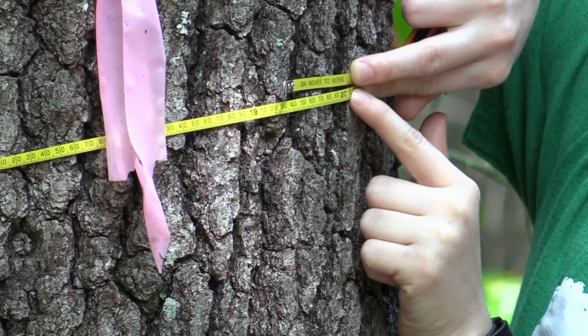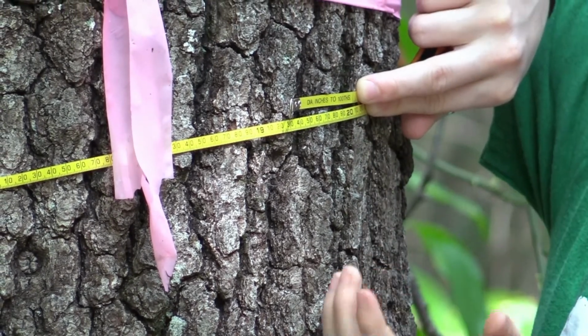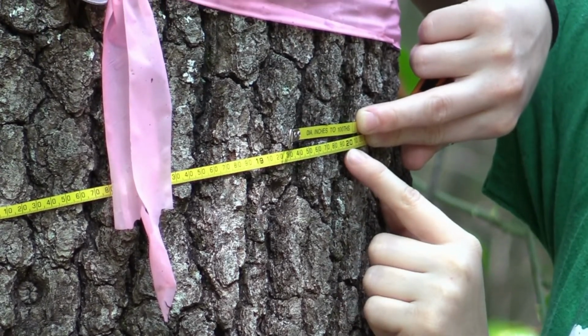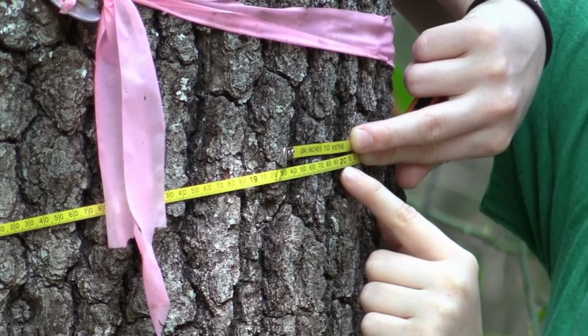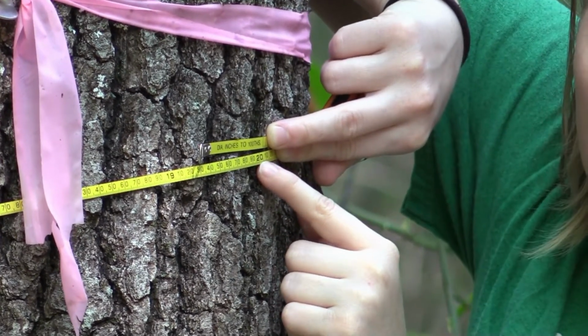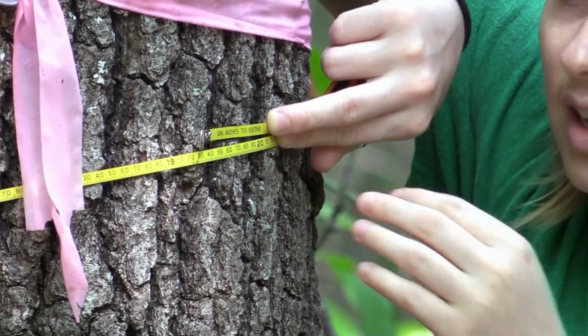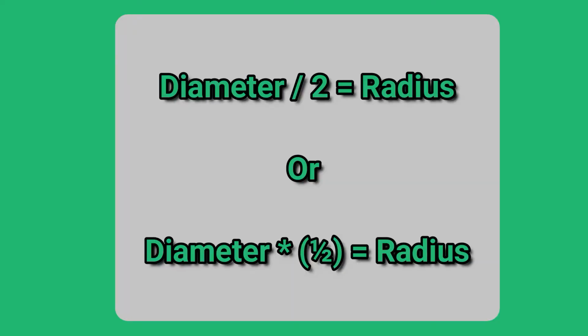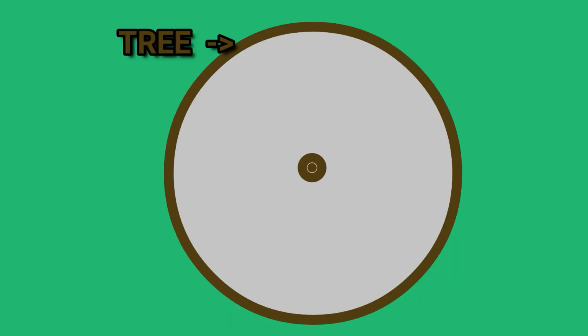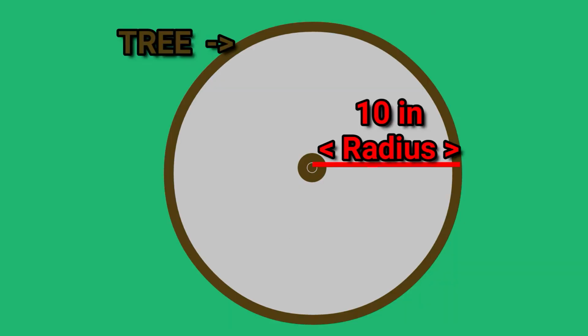And when I look down, it seems as though this tree is about 20 inches across. Now, that is the diameter, and if I wanted to get the radius, it would be half of that. So the radius for this tree is 10 inches from the center of this tree to the outside.